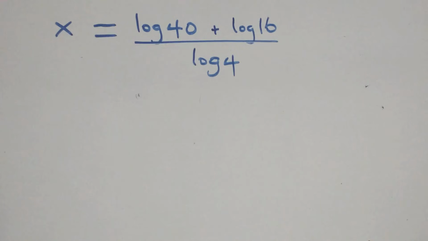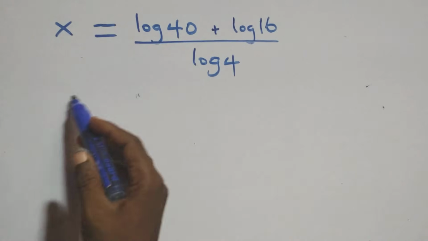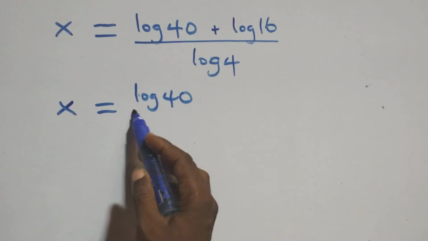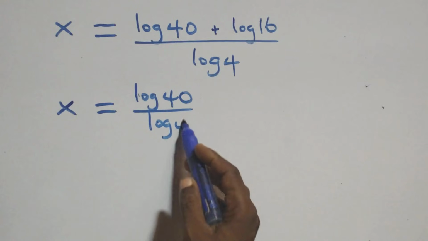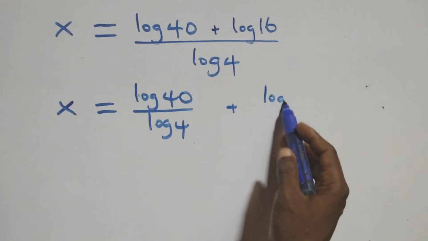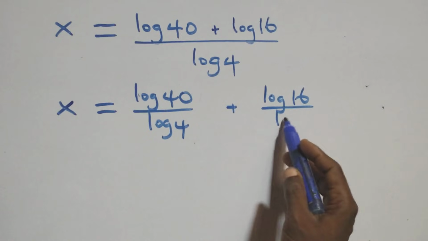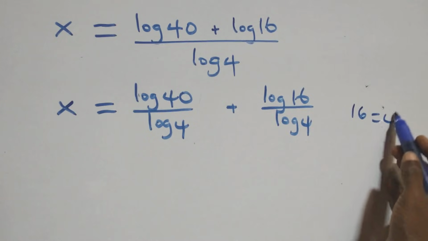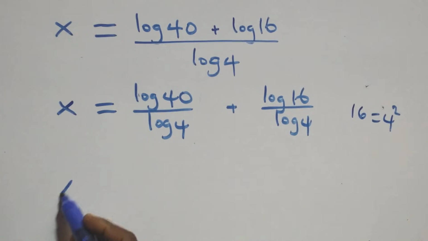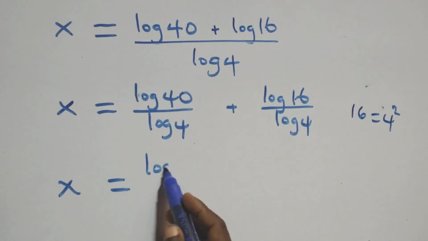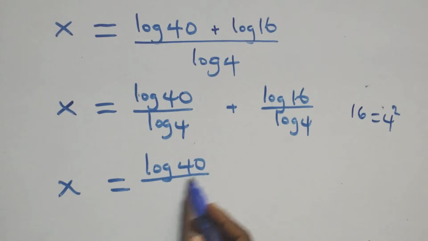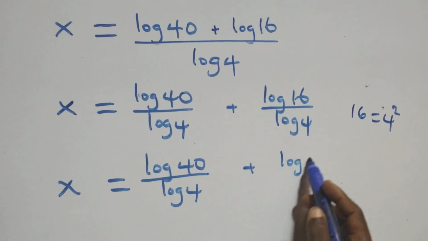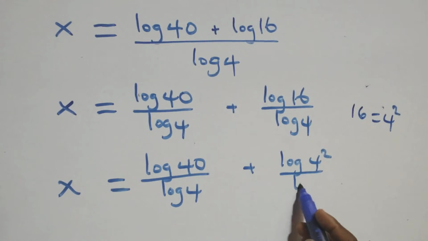Then next step, we separate this into two fractions. We have x equals log 40 over log 4 plus log 16 over log 4. As this here, 16 can be expressed as 4 times 4, that's 4 squared. And what we have becomes x equals log 40 over log 4 plus log 4 squared over log 4.